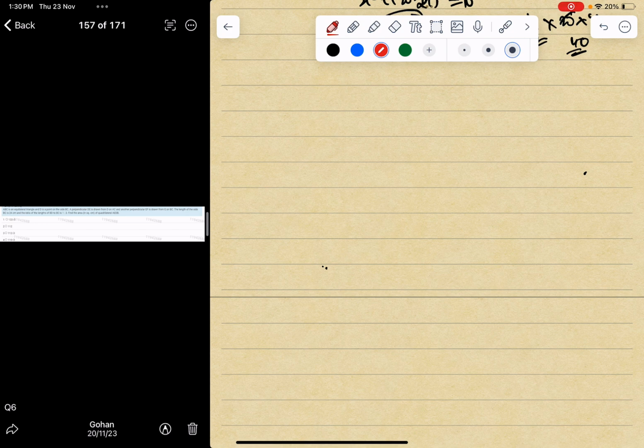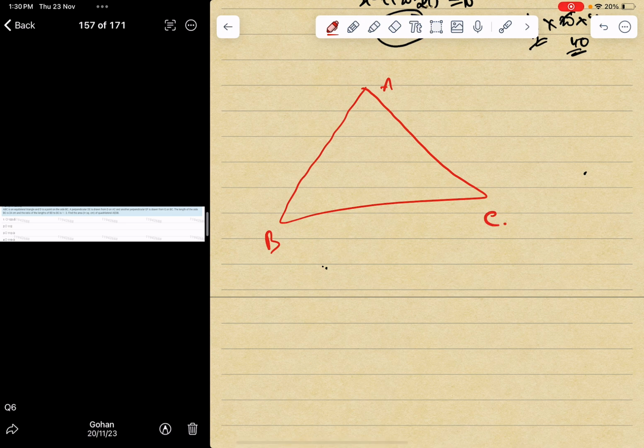ABC is an equilateral triangle and D is a point on BC. A perpendicular DE is drawn from D on AC.